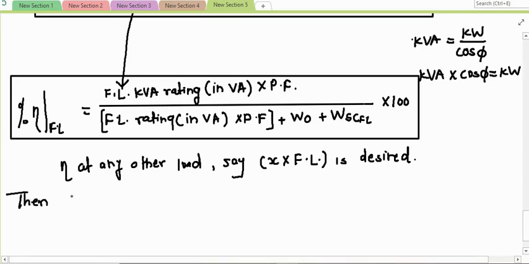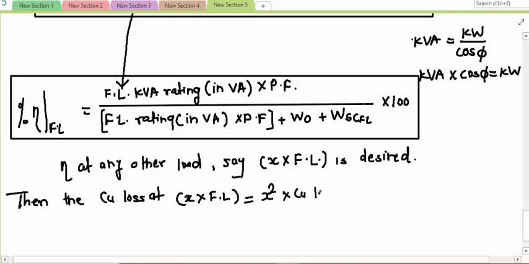Then I can write down the copper loss at x into full load equals x square into copper loss at full load.